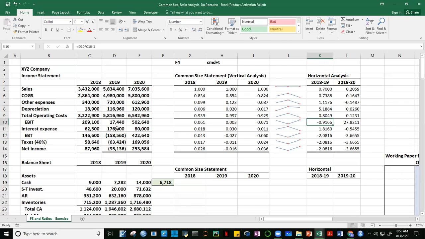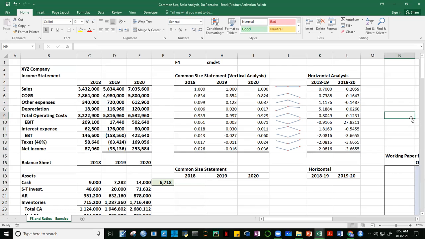For example, itong EBIT natin, 209, naging 17 na lang. So that was ang laki, 92% decrease in your operating profit, in your EBIT. 209 million, naging 17 million na lang. So that's a 91.67% decrease. Okay, so ibig sabihin, guys, pag negative, ibig sabihin, bumaba yung value.